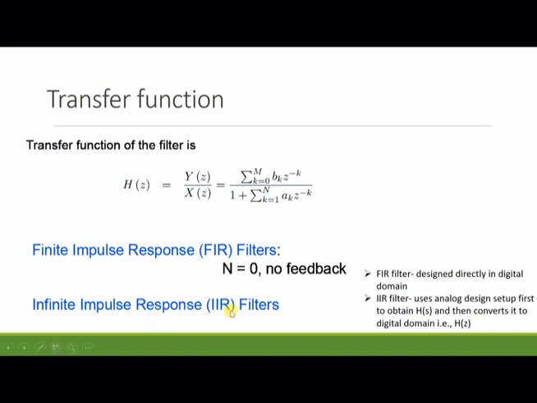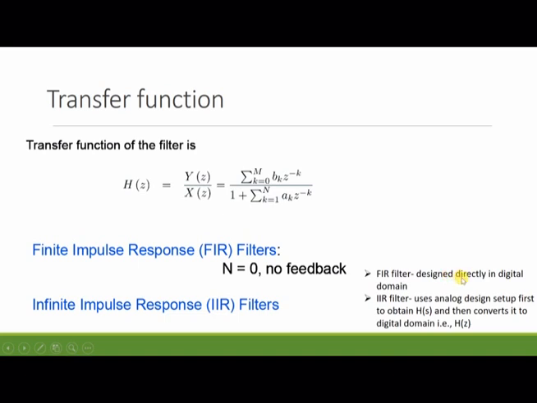Whereas in case of IIR filters, it has both b_k and a_k coefficients. So the system is a recursive system and has both zeros from the numerator polynomial and poles from the denominator polynomial. Hence, this system is also called a pole-zero system.